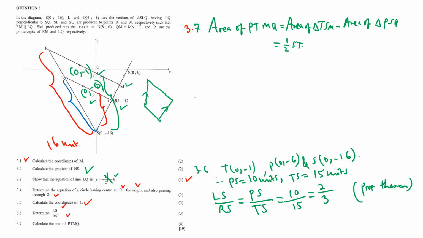Right, so the area of triangle TSM is half the base ST multiplied by the perpendicular height through M. So that is the area of triangle TSM, because the area of triangle TSM is half the base ST multiplied by the perpendicular height through M.